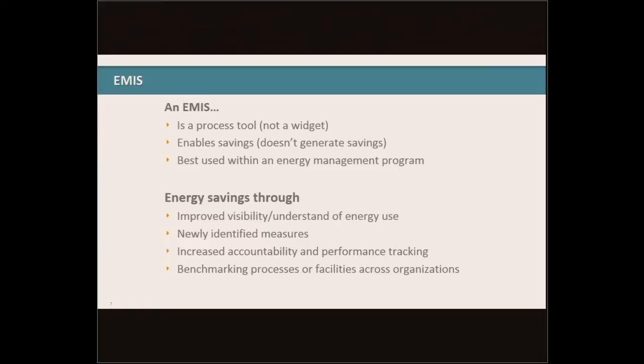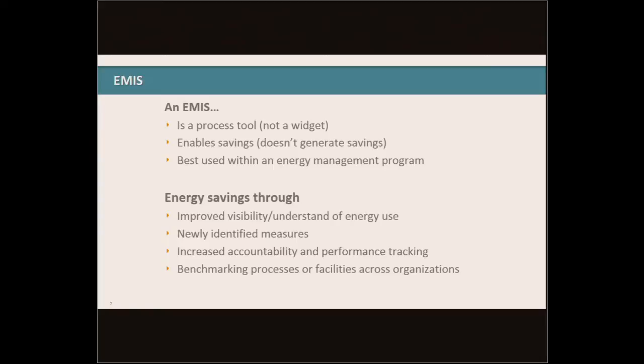So being able to add performance tracking for them and also holding them accountable to certain energy reduction goals is one of the criteria for an energy management system. And then lastly, benchmarking processes or facilities across the organization, being able to set goal lines and strive to meet those goals in order to reduce our energy use.